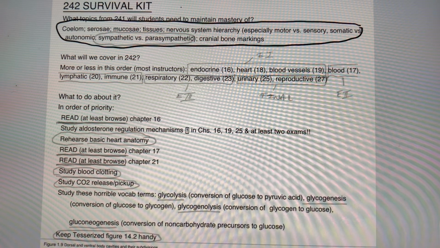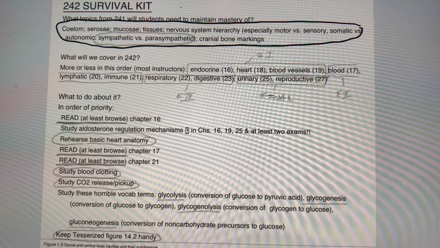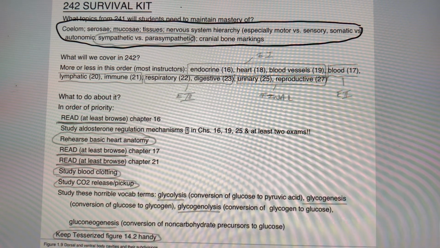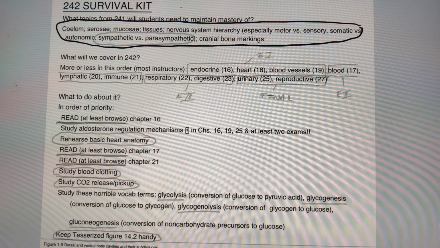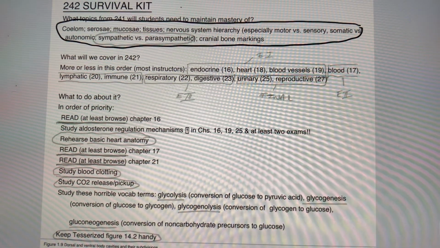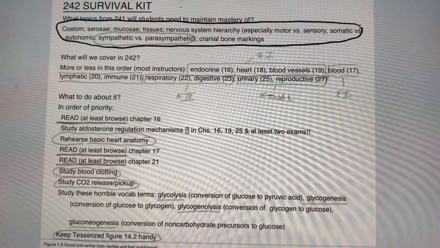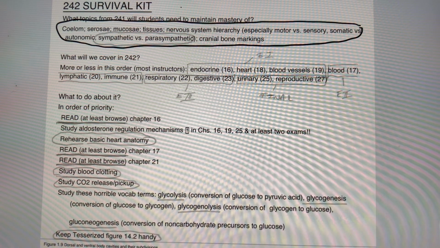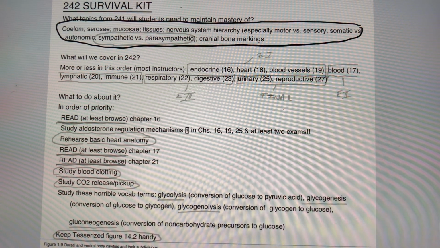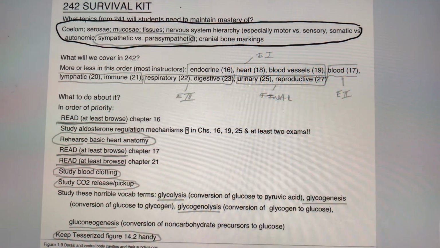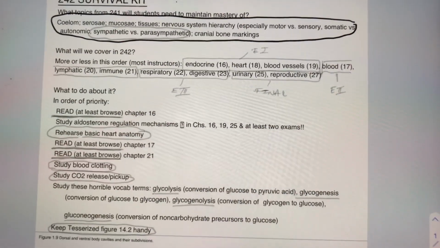So hopefully they were very emphasized for you in 241, because they're just going to be very emphasized for you in 242. But I'll also talk to you briefly about which tissues seem to show up the most often in 242, and what particulars about them you need to know most, okay?